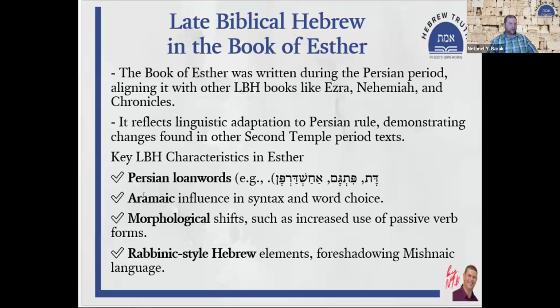Aramaic influence, because Aramaic is much more influential in the Second Temple period in general, and also the official language of the Persian Empire. The Persian Empire used Aramaic as their official language. We'll get to that.